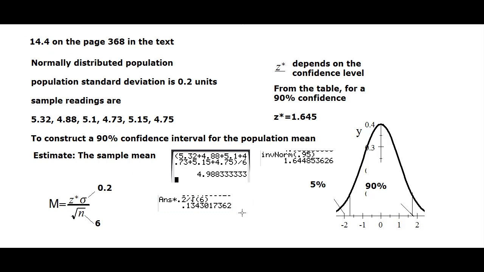And what was the mean? The mean is 4.98. A 90% confidence interval for the mean is 4.98, let me approximate, minus the margin of error, 0.1343, I think that will be fair.